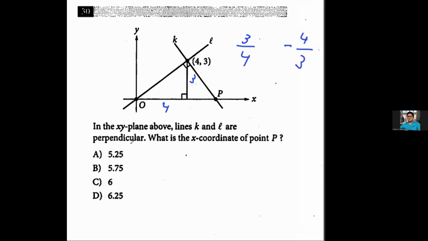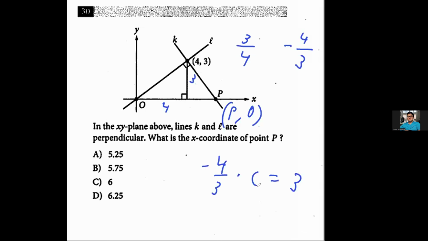So if that's the slope, we need to find the x coordinate of point P. We can find it based on the fact that y is equal to 0. So this would just be P comma 0. So we just need to find where -4/3 times some value is equal to 3.